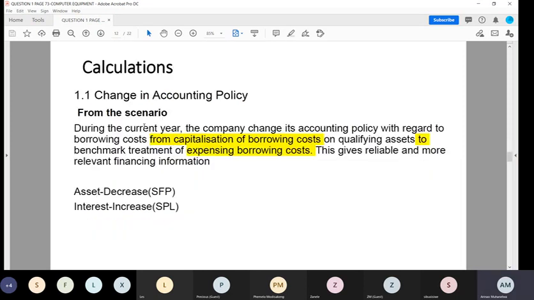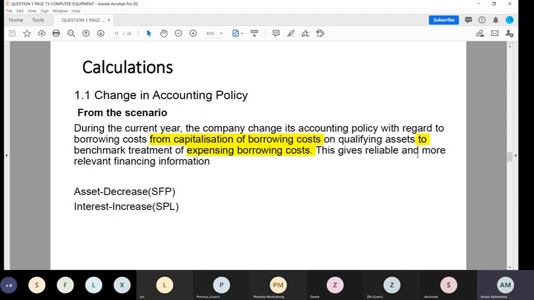Now let's go ahead and analyze that information. Additional information number 2, change in accounting policy. This is straight from the scenario which I just read. During the current year, the company changed its accounting policy with regard to borrowing cost from capitalization of borrowing cost on qualifying assets to benchmark treatment of expensing borrowing cost.